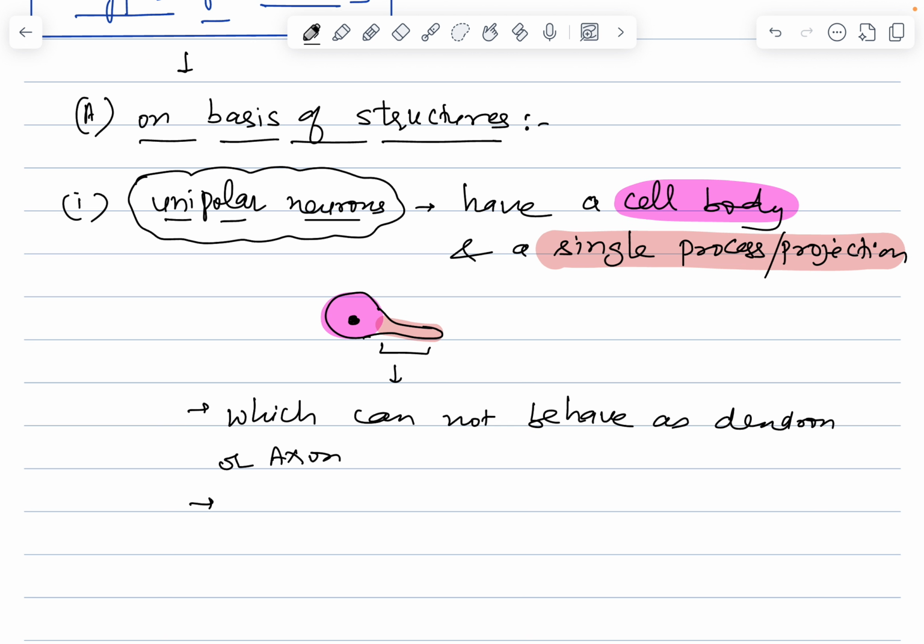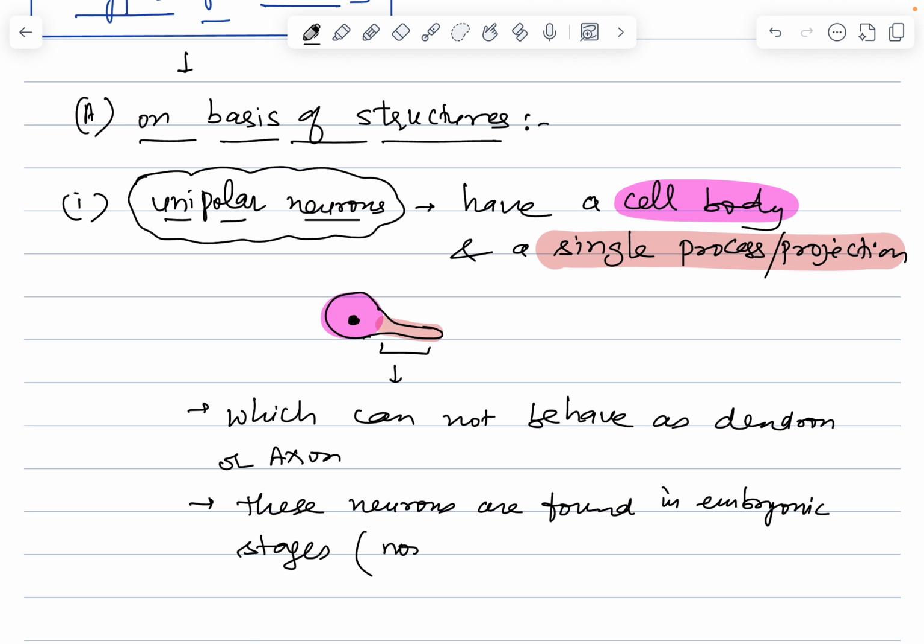Where are these neurons found? These neurons are found in the human embryos. These are found in our embryonic stages. And these are obviously the non-functional developing neurons.